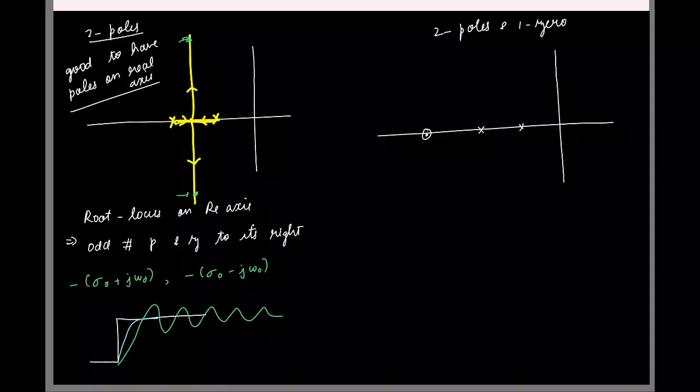Again, let's first look at the location of the root locus on the real axis. Can I have the root locus here? I have a total of 3 poles and zeros, fine. So here I cannot have it, so I'll have it here. It looks like one of the poles will end up at the zero. The other will go to minus infinity like this.